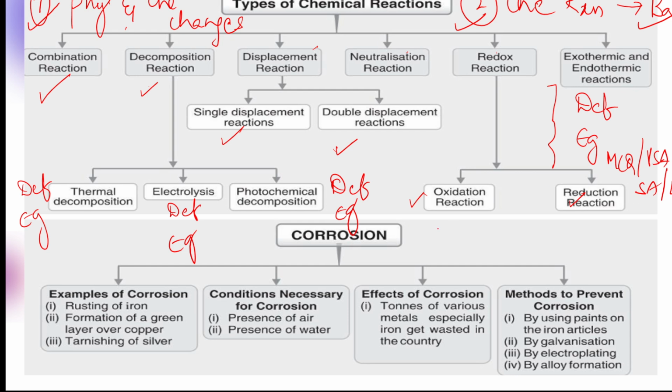Okay, nothing to worry. Gradually I'll be ending the topic with corrosion. In that we'll be learning about examples of corrosion, conditions necessary for corrosion, effects of corrosion, and methods to prevent corrosion. That's done, students. This is the complete table of contents. That's nothing but the index of your particular chapter. So the index is very important to learn whenever you're studying chemistry or any chapter.